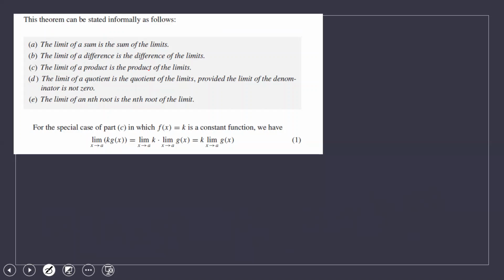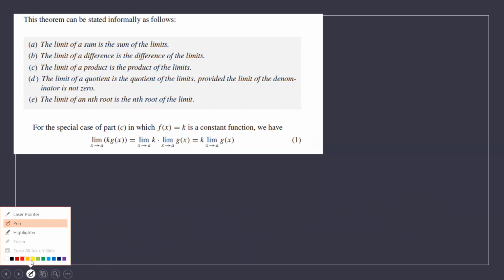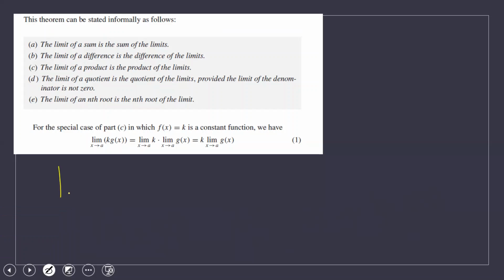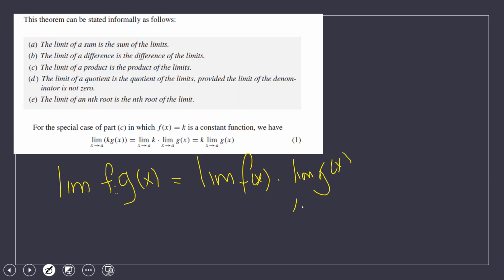Now, for a special case, if you have the limit of f of x times g of x, you will distribute it into the limit of f of x times the limit of g of x, when x approaches 1 as an example.